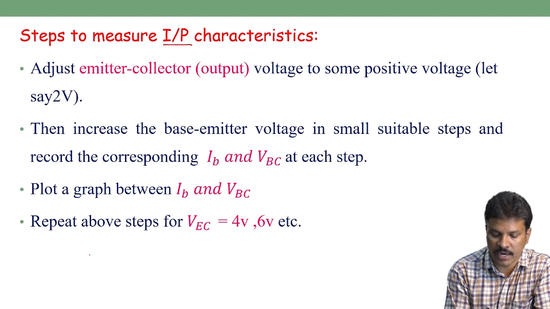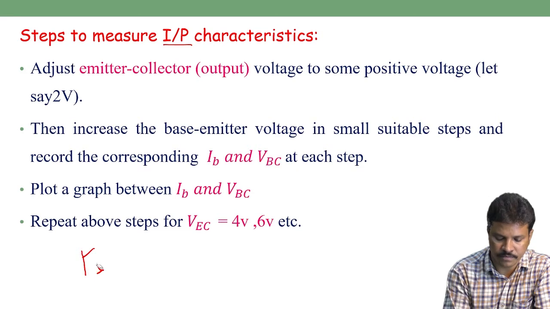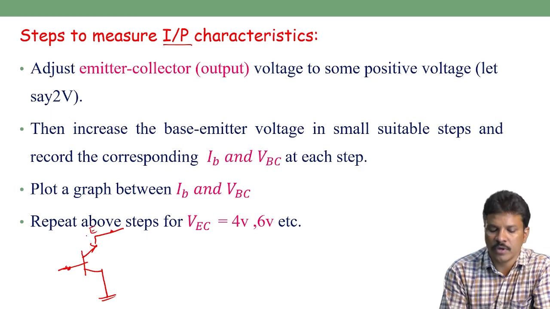In this common collector, when we see this symbol, collector is ground, input is base, emitter is output. Adjust emitter to collector voltage, the output voltage.